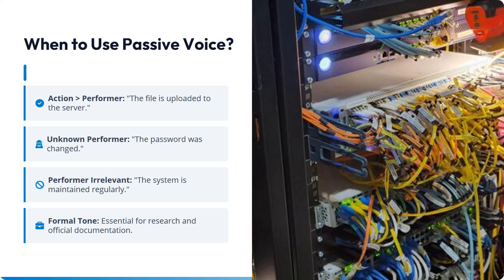We don't know who did the action. The password was changed. We don't know who changed the password. However, we can use it as well when the performer is irrelevant, that is to say, unimportant. The system is maintained regularly. Okay? And as well, it can be used to keep a formal tone and objective speaking.